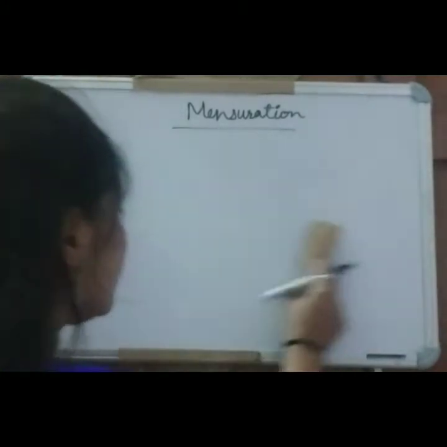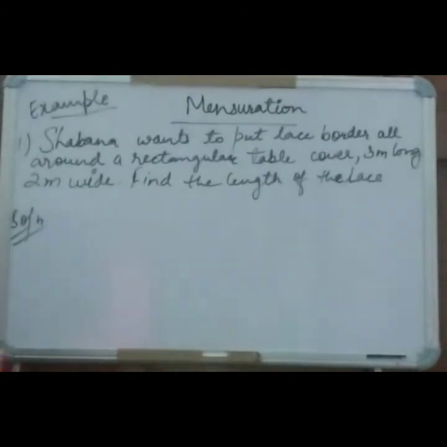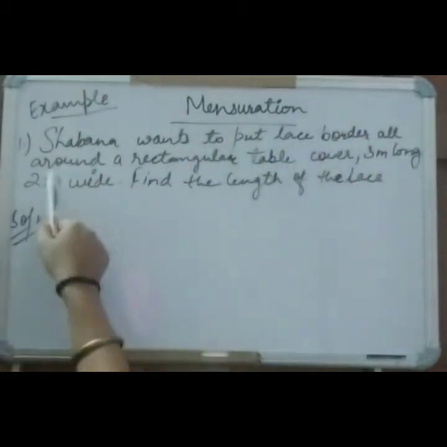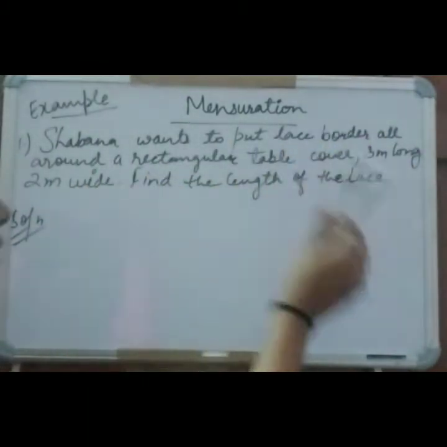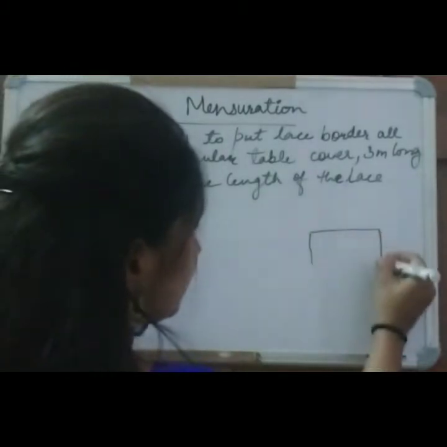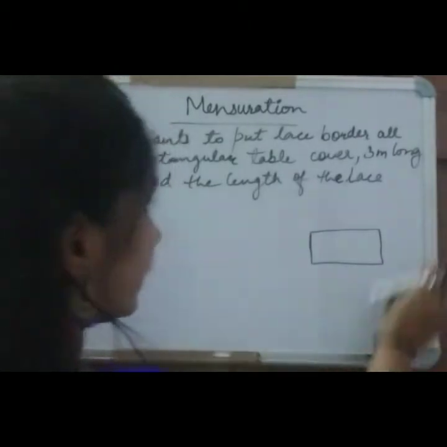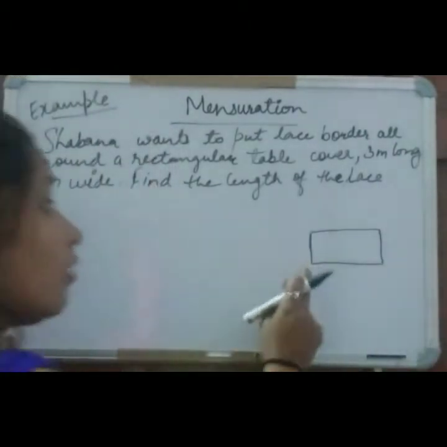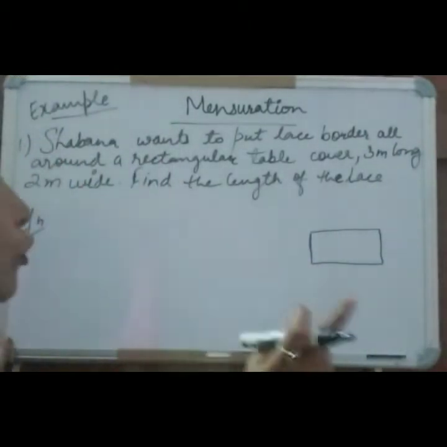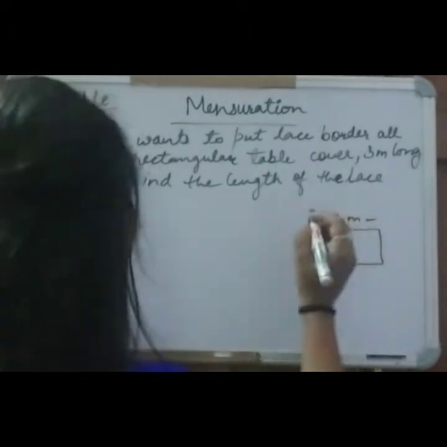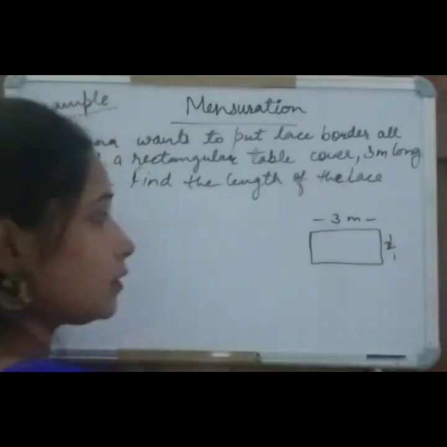Now come to the exercise. Now see, the question is, Shabana wants to put lace border around a rectangular table cover. This is the rectangular tabletop, that cover I have made, and on this cover she wants to put lace. This cover is 3 meter long and 2 meter wide.